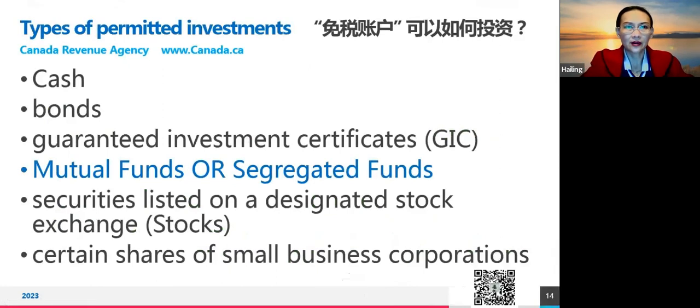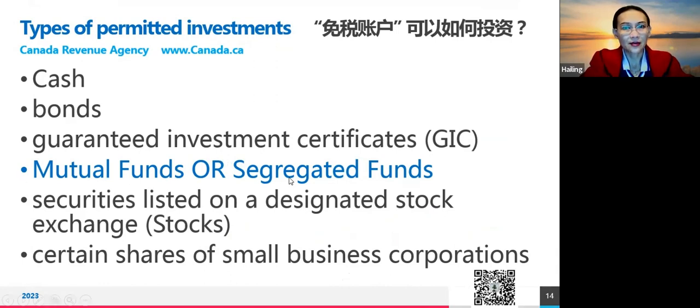So the type of investment choices permitted in the tax-free saving account, again, is from the Canada Revenue Agency website. You can put cash. For example, you just open an account and never invest any money into any financial products. You can purchase bonds to generate interest. Also, you can put it into guaranteed investment certificates, and they will give you interest at maturity.